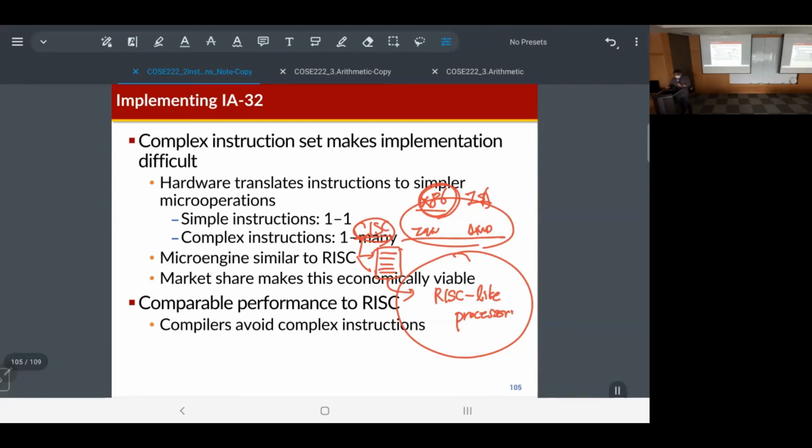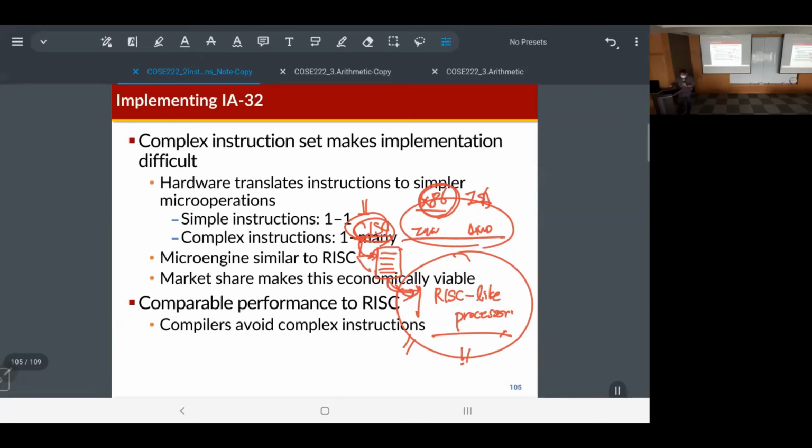If the processor supports just very simple instructions, then we can build very efficient hardware. That is the good thing. Also, we can easily improve the performance of these CPUs or processors, and the complex instructions are just decoded into multiple simple instructions, which are executed in these RISC-like processors.